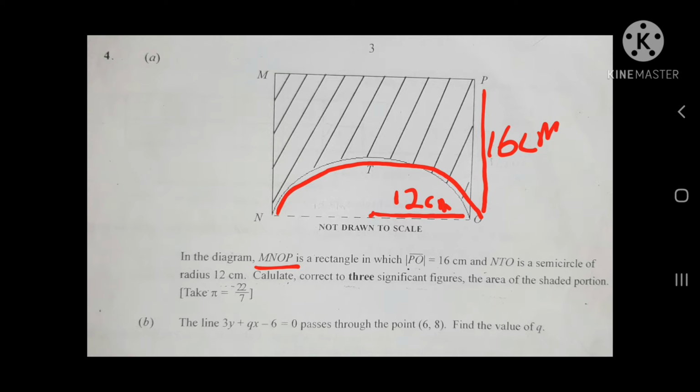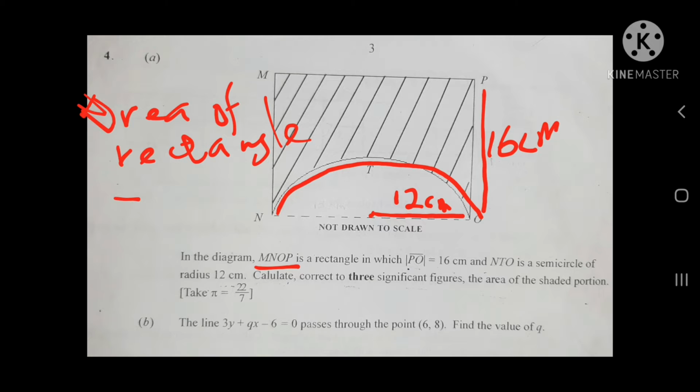So we find the area of the semicircle and subtract it from the area of the rectangle, and that gives us the area of the shaded portion. And that is that for question A.